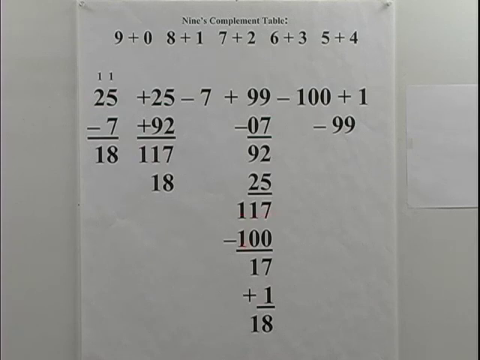Now this step here where I subtract 100 and I get 17, and then I add a 1 and I get 18, is the same as taking this leftmost digit, which will always be a 1, and adding it to the rightmost digit, 7, and you will get 18.